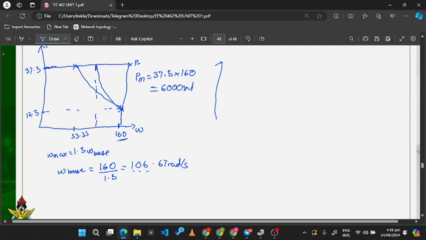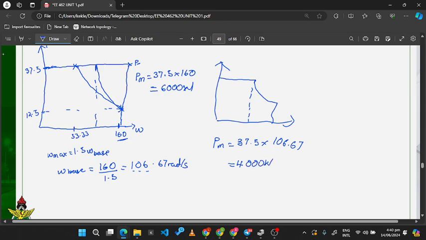So we'll have a graph that looks something like this up to the base speed, then it comes down. In that case, the rating of the motor would be at this point, given by the rated torque, 37.5, times the base speed, 106.67, and we get it to be 4,000 watts.